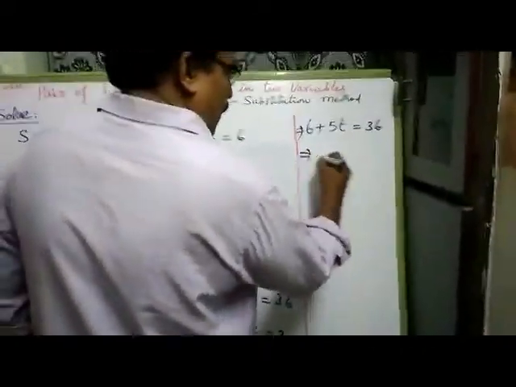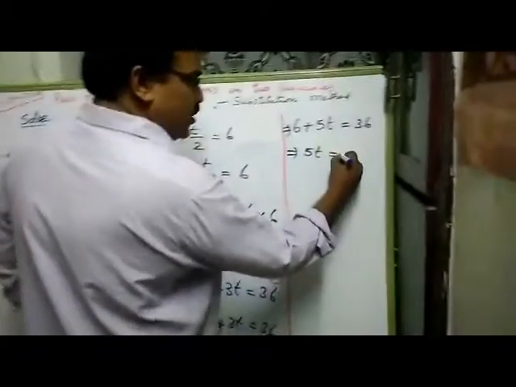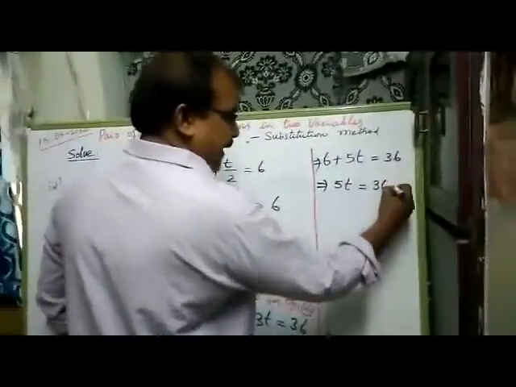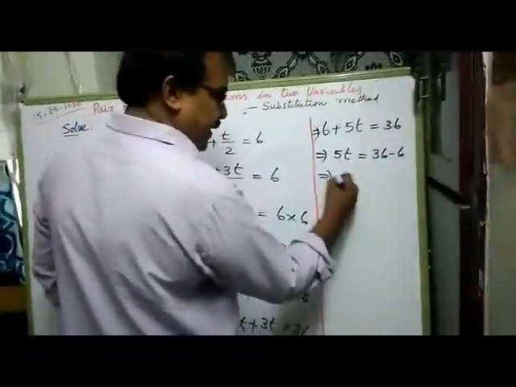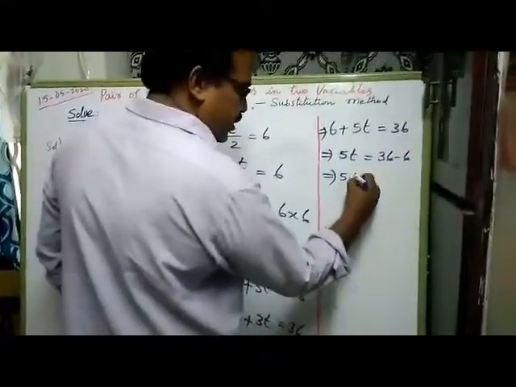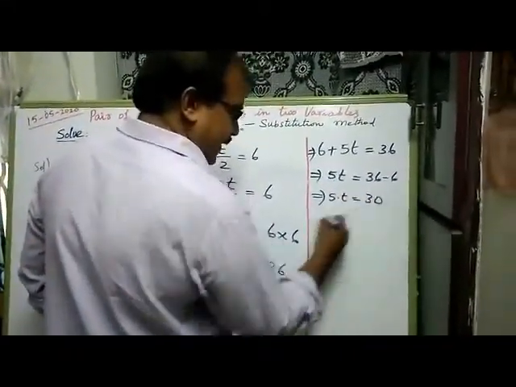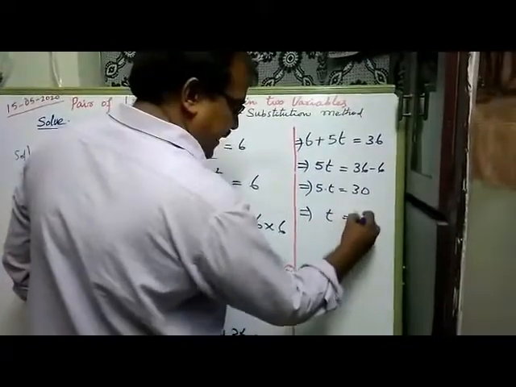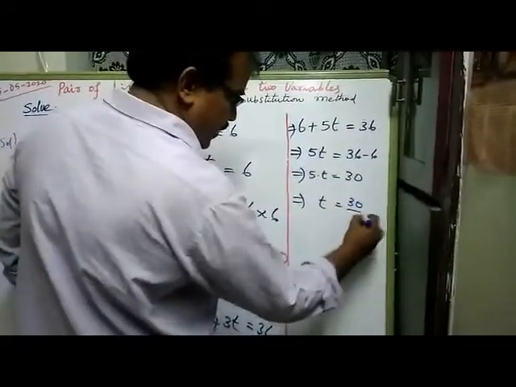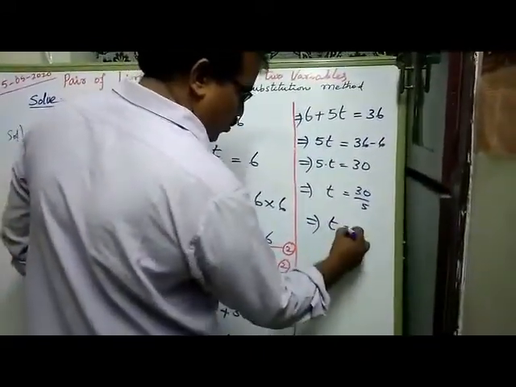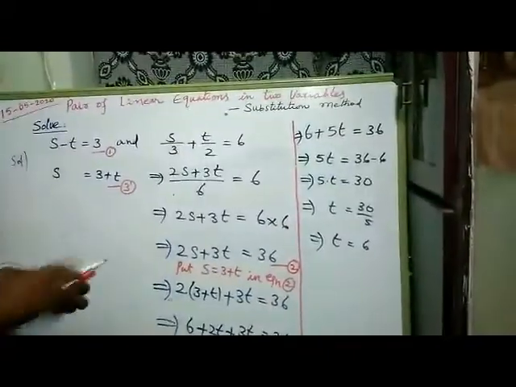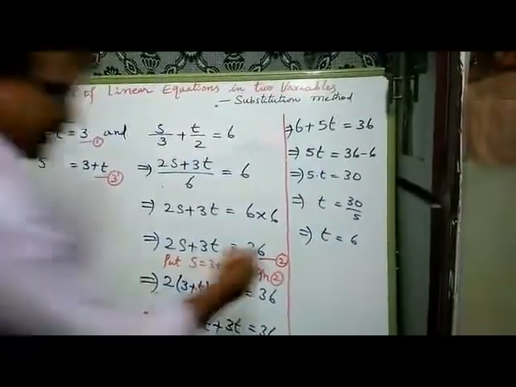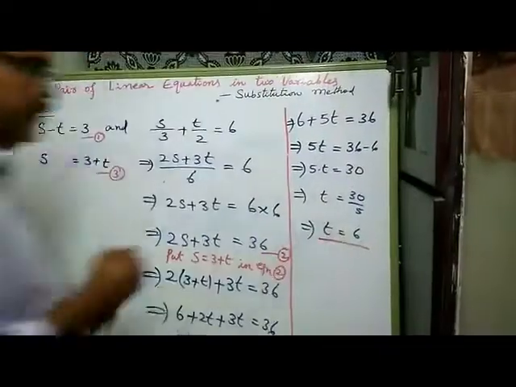Now 5t is equal to 36 minus 6. That is nothing but 5 into t is equal to 30. t is equal to 30 by 5. That is nothing but t is equal to 6. I got t is equal to 6.